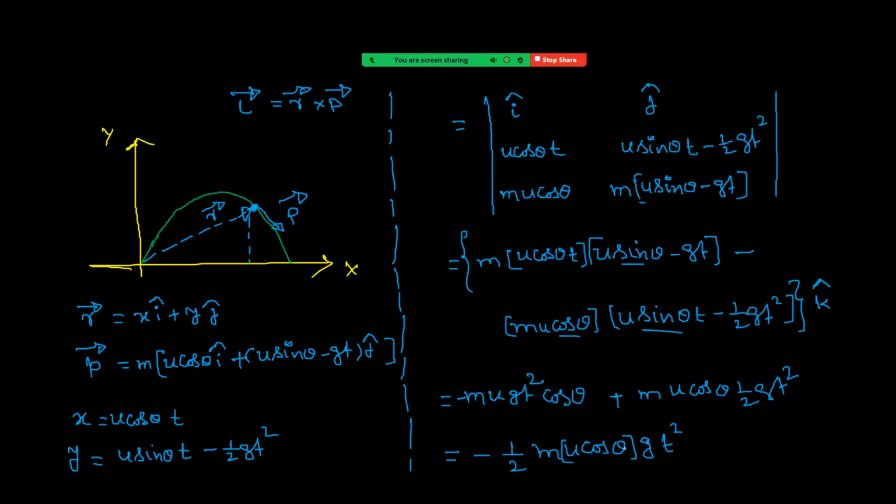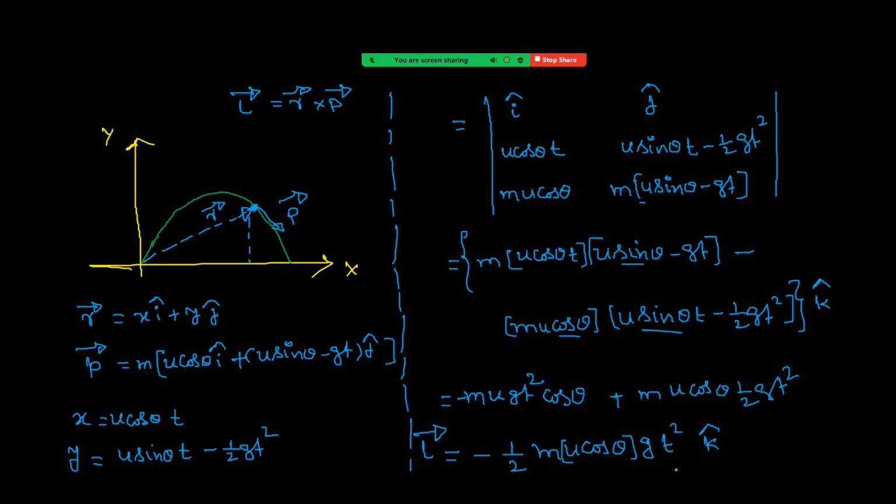Cross check once: this is minus, this is plus. That's why minus half m u cos theta g t square into k cap. So we got the angular momentum of an oblique projectile as a function of time.